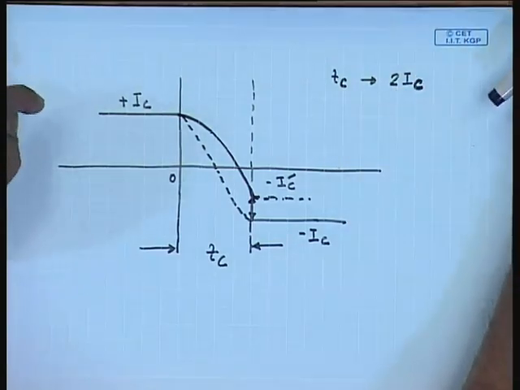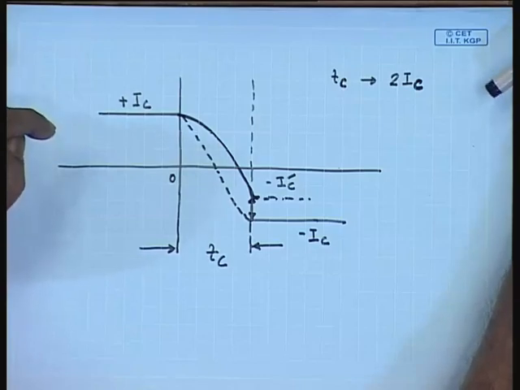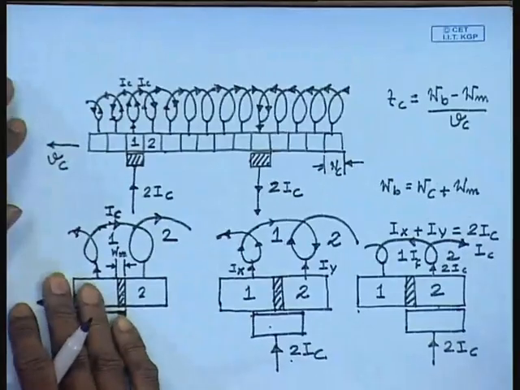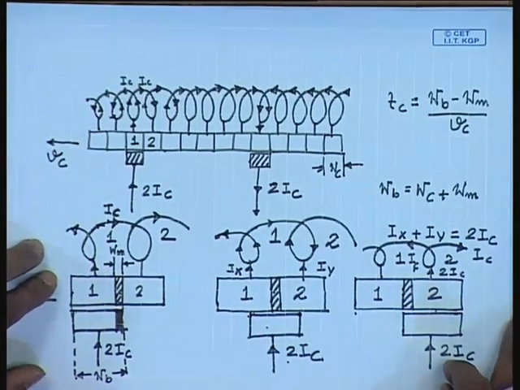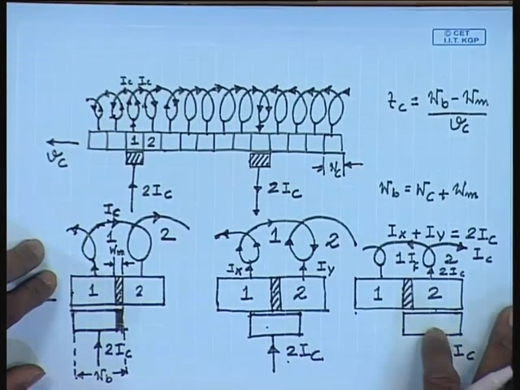There are several ways of mitigating the effect of under commutation. One is to use additional resistance in the form of brush contact resistance in the coil undergoing commutation.